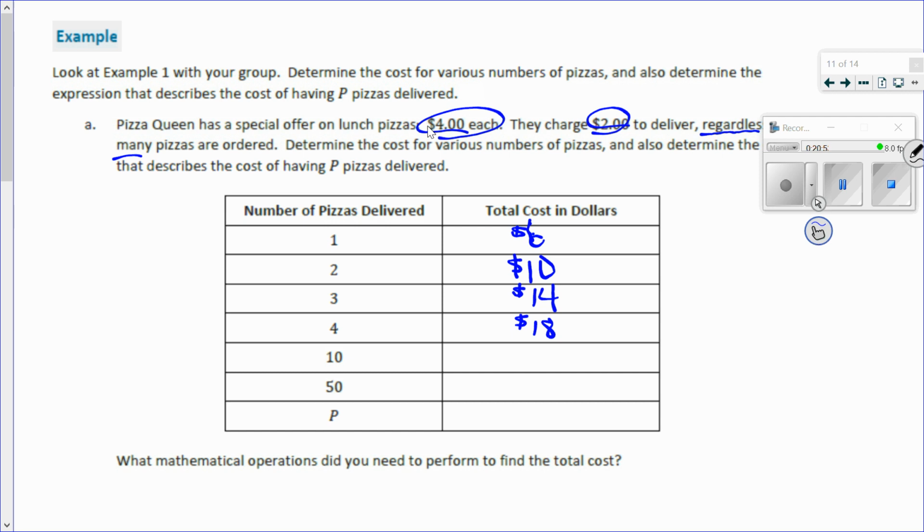So at 10 pizzas, now what am I up to? 40. Good. 40 just for the pizzas, plus my delivery cost of $2. What about for 50 pizzas? $4 for each of the 50, that's 200, plus my $2.